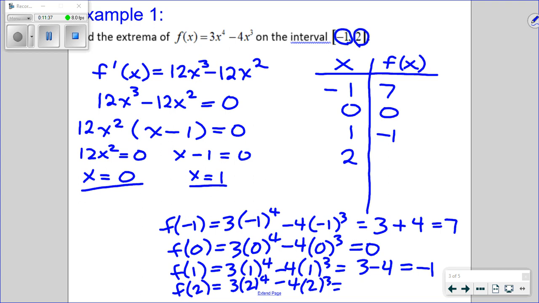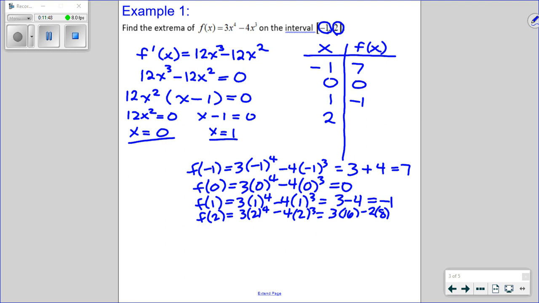Okay, 2 to the 4th is 16. 2 cubed is 8. All right, so we end up with 3 times 16, which is 48, minus 4 times 8, which is 32, which ends up equaling 16.